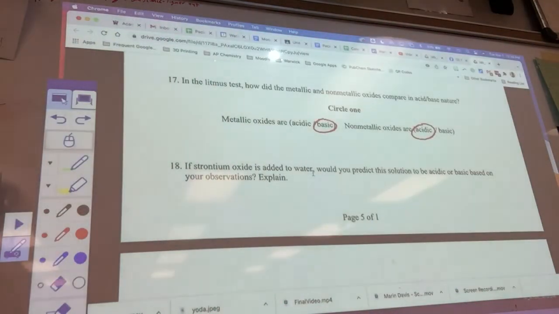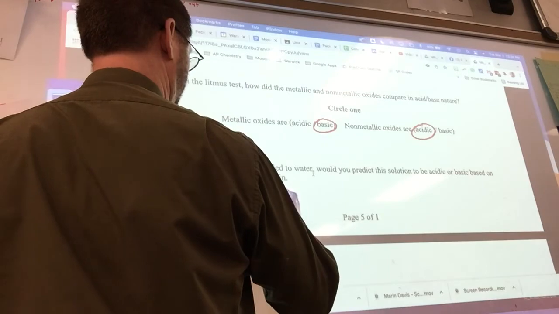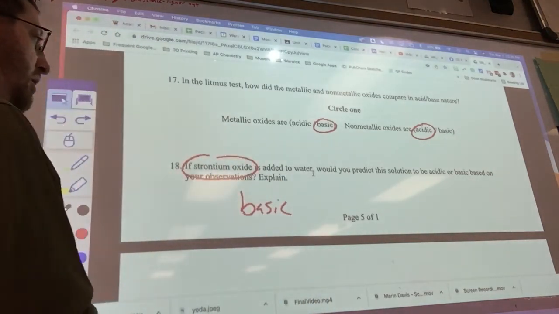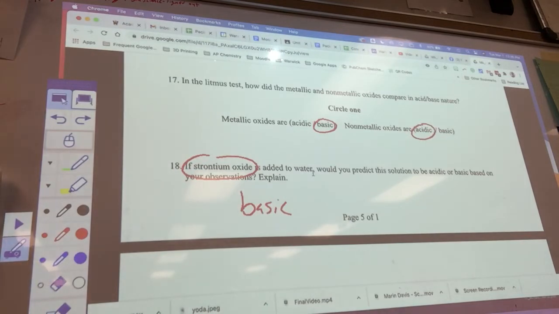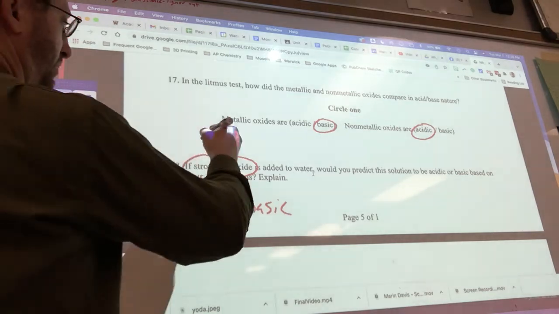All right, group 2, the power of the periodic table allows us to predict properties for elements we haven't seen yet. You didn't get to test strontium oxide back in the lab, but what would you expect it to look like? It'll be basic since it's a metal. Yeah, when you put it in the water, it'll be basic. And if you were just looking at this substance, what do you think it would look like? A solid. Yeah, it's going to be probably a white solid.